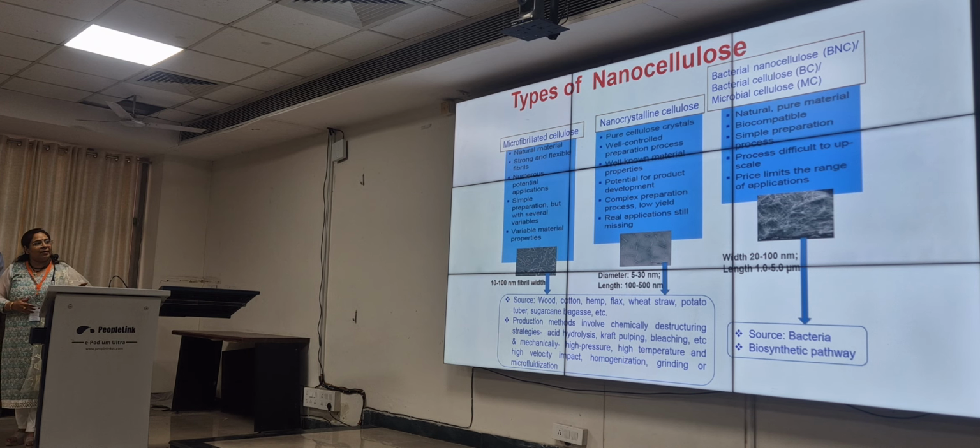The sources could be wood, cotton, hemp, but the production process involves a lot of chemical processes like acid hydrolysis, bleaching, kraft pulping, etc. So the better alternative to nanocellulose could be bacterial nanocellulose. It is also known as BC, BNC, or microbial cellulose. It is cellulose of microbial origin, which we can get from the bacterial species by a simple process during its metabolism that we are going to study.